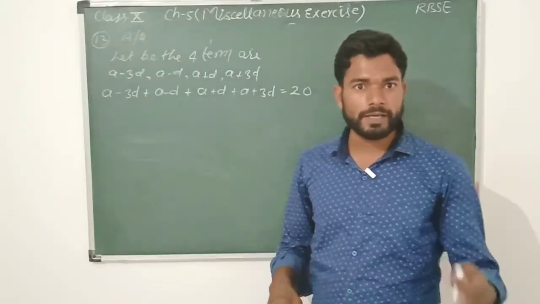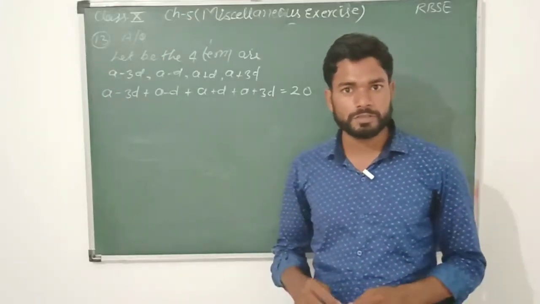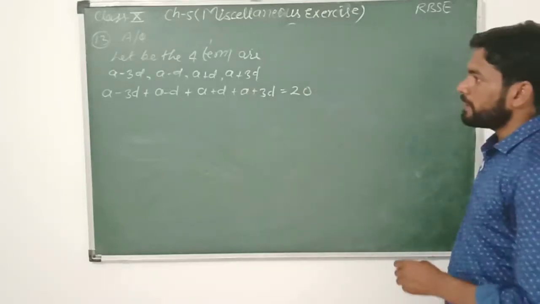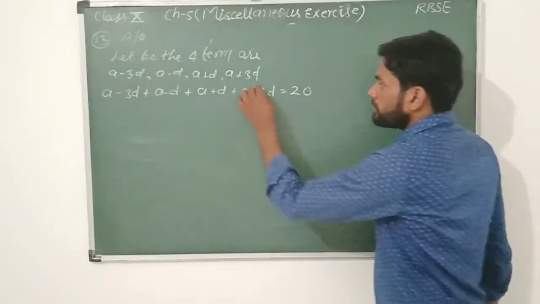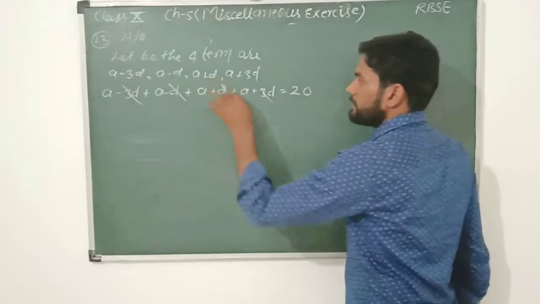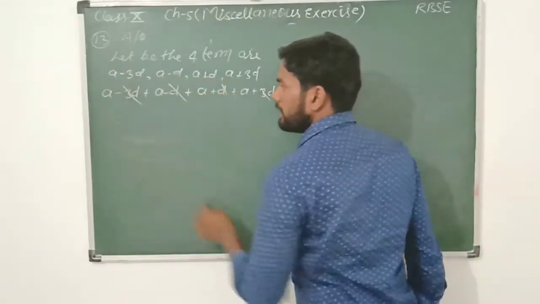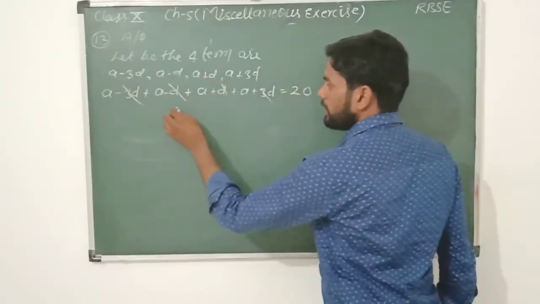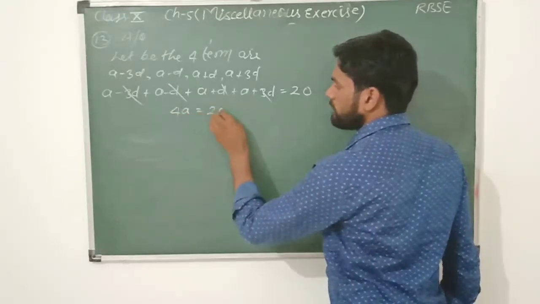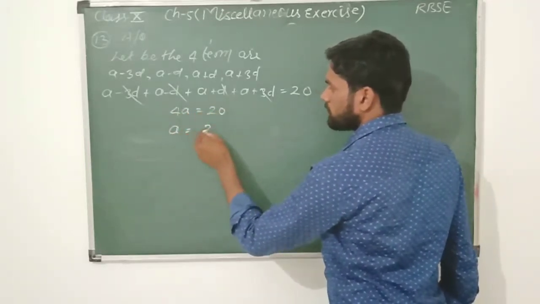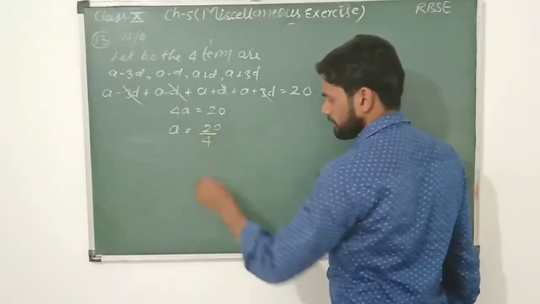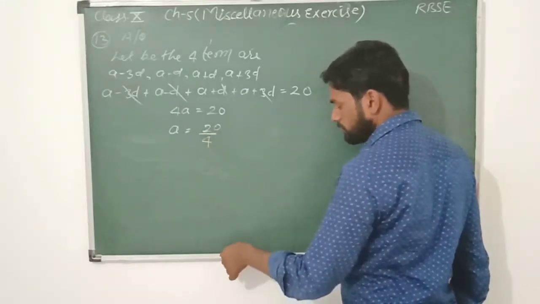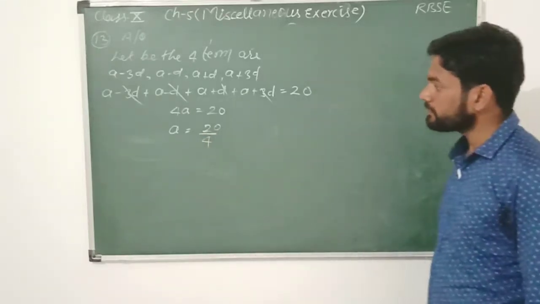About this method I have already told in the previous videos, so you will check from there. Now 3d cancels 3d and d cancels d, a four times, so 4a is equals to 20. Finally a is equals to 20 upon 4.